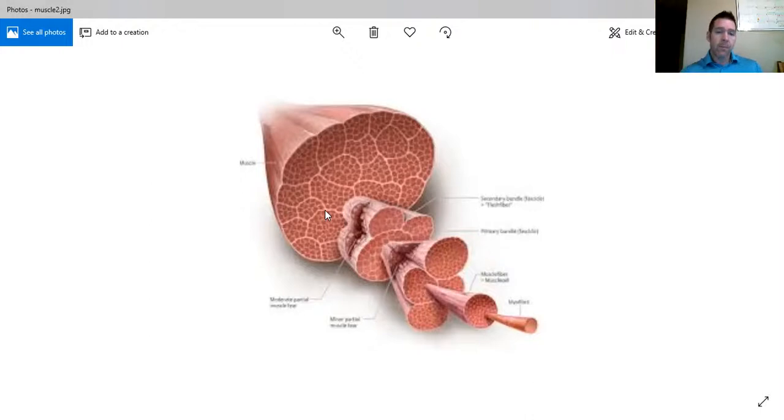So we have all of these little individual fibers and bundles because our bodies are amazing at efficiency. They're not going to use more force than needed to perform the work or the task. So something as simple as picking up a paper clip to something as explosive and powerful as jumping or kicking depends on how many of these fibers are used.